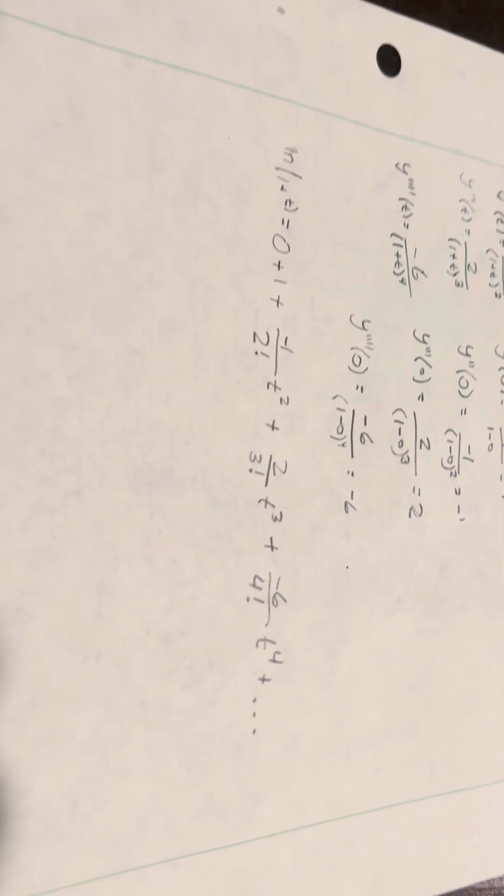However, we can actually simplify this one more time. We can simplify the factorials. So ln of 1 plus t equals 0 plus 1 t minus 1/2 t squared plus 1/3 t to the third, minus 1/4 t to the fourth plus dot dot dot.